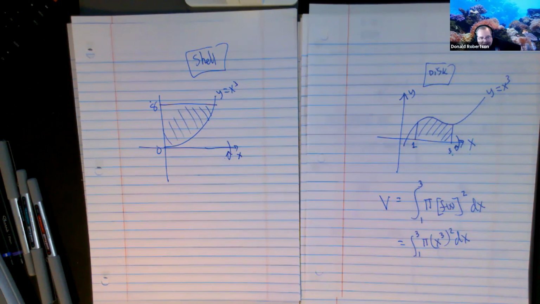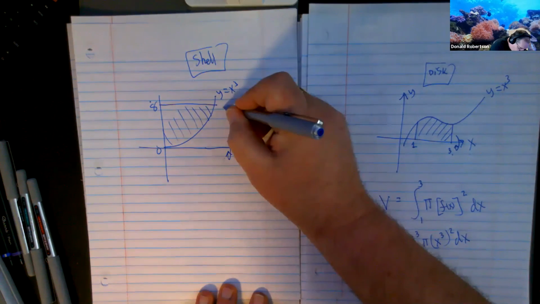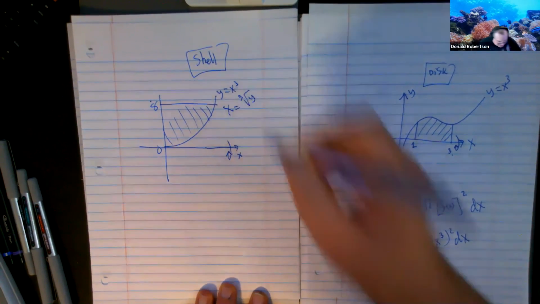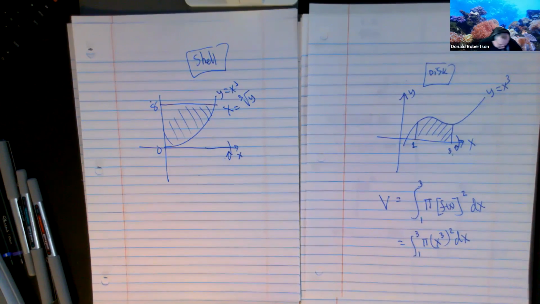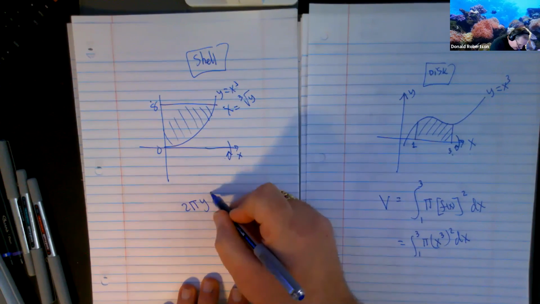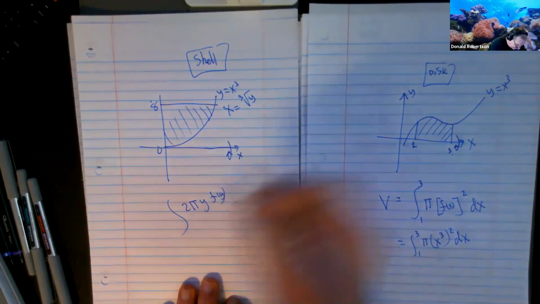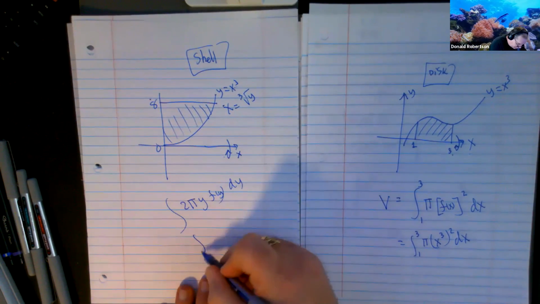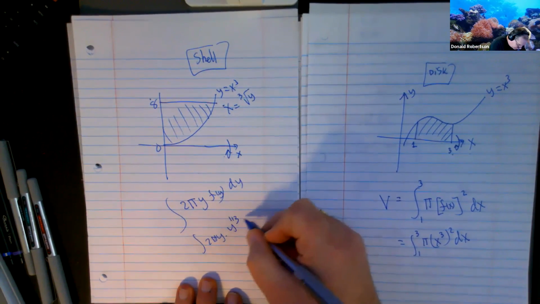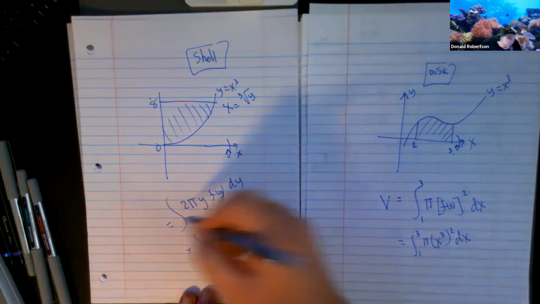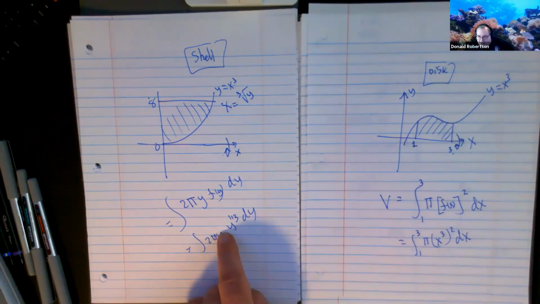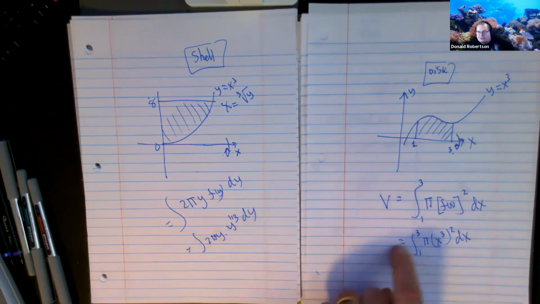Y's. And when you do the equation, won't this be rewritten as x equals the cube root of y? And won't my formula be 2 pi y f of y with some stuff? So it's going to be 2 pi y times the cube root of y. Do you see that the process and the equations are quite different looking, and the variables are definitely opposites of each other?